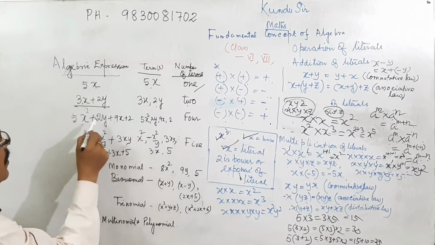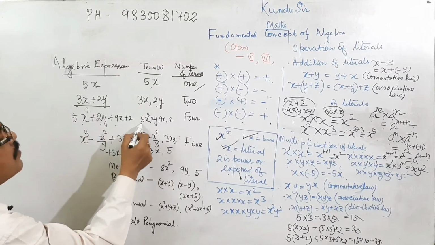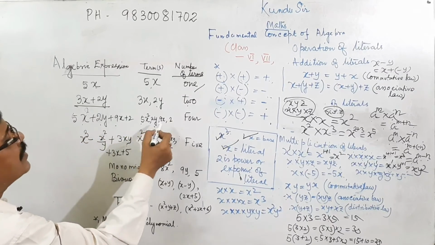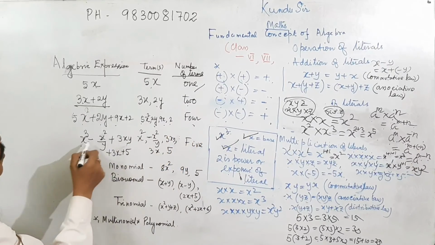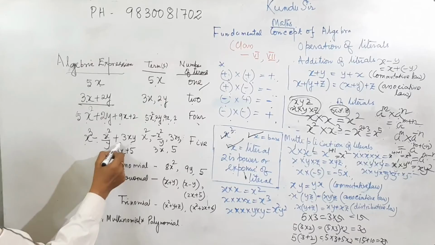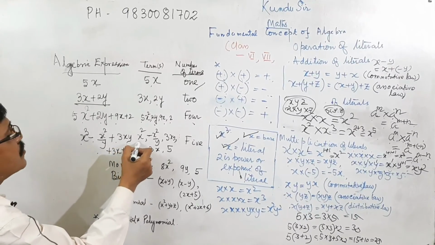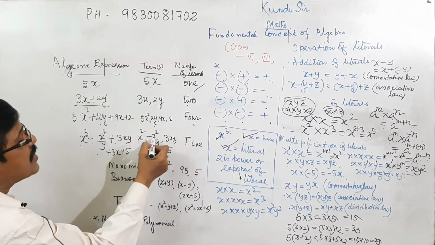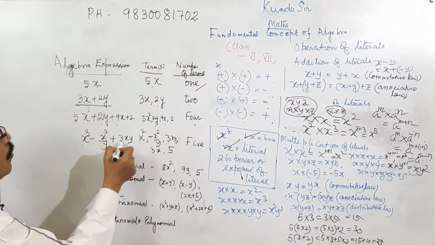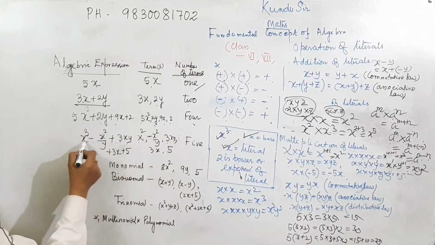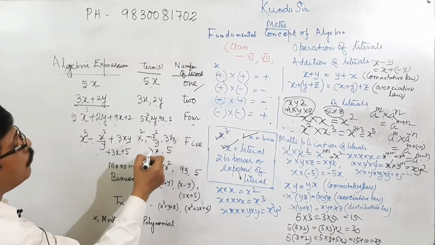Now, 5x square plus 2y plus 9x plus 2, 5x square is one term, 2y, 9x and 2, so there are 4 terms. Then x cube minus x square by y and so on, counting 1, 2, 3, 4, 5.